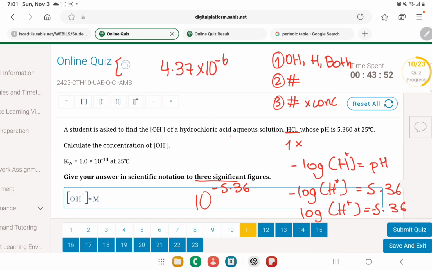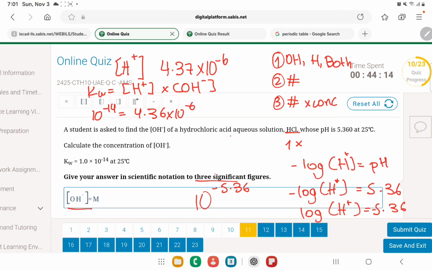Now here they want the concentration of OH minus. You can just use the Kw formula, which is equal to the concentration of H plus times the concentration of OH minus. So 10 to the power of negative 14 is equal to 4.36 times 10 to the power of negative 6. Or wait, it would be more accurate if you use the whole number that you get on the calculator.